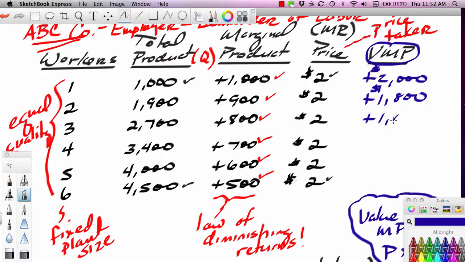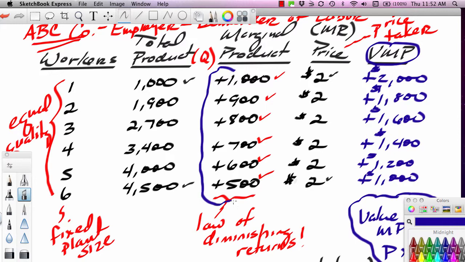Plus 1,600, plus 1,400, plus 1,200, and so on, plus 1,000. So every one of these workers adds value to the firm. But notice that value is declining due to the law of diminishing returns.